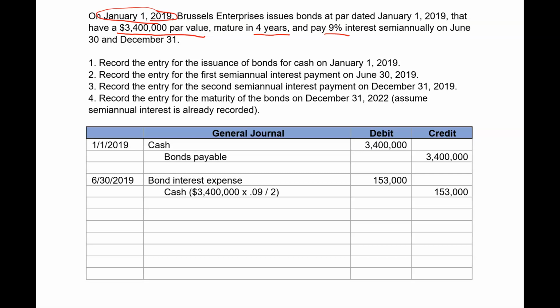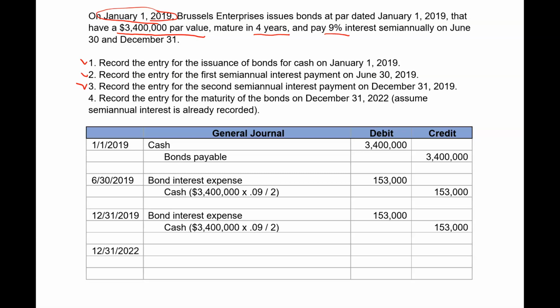Okay, so we did number 1 and we did number 2. Number 3 is to record the second semi-annual interest payment, and it's the same thing. You're still taking half a year times 9% for the amount of the bond. You do this 2 more times for the year 2020, and then it matures, 4 years.